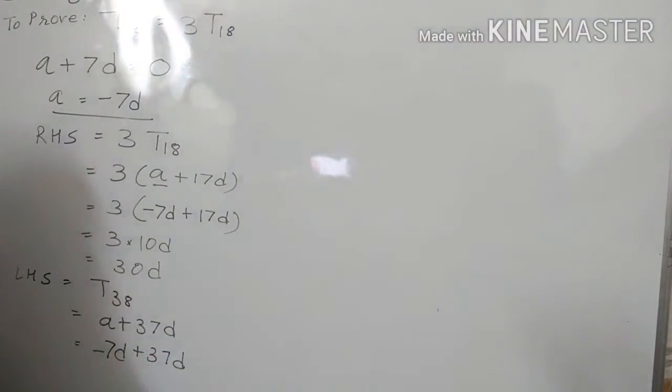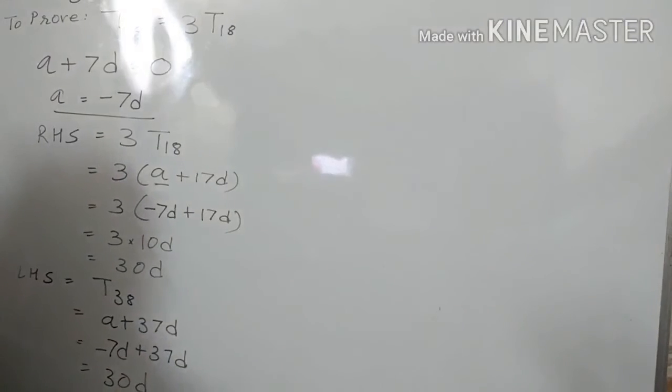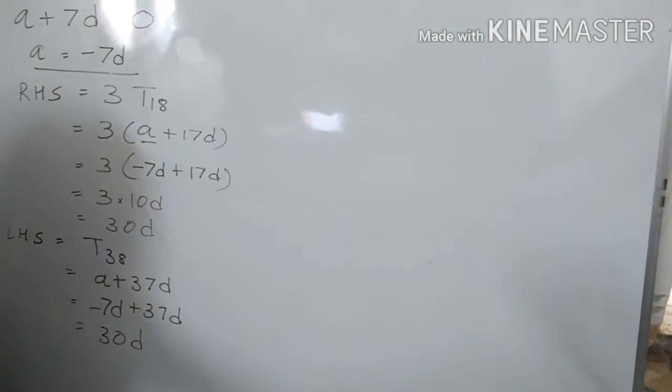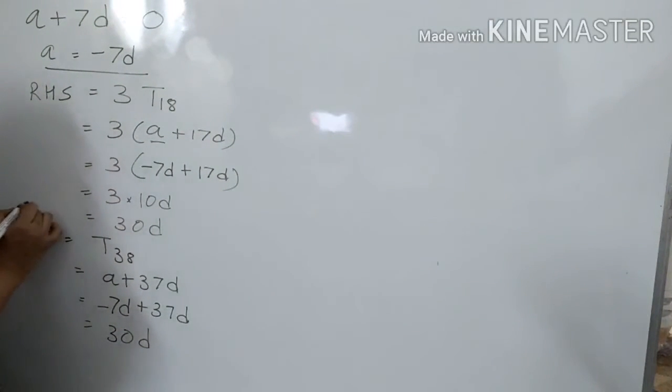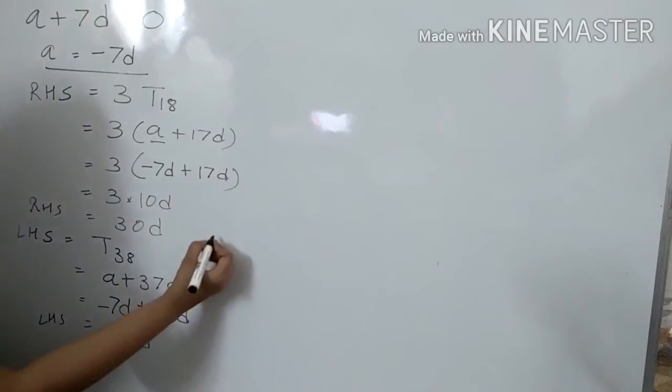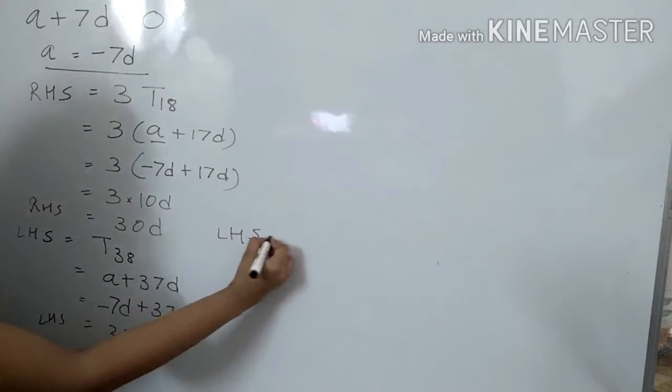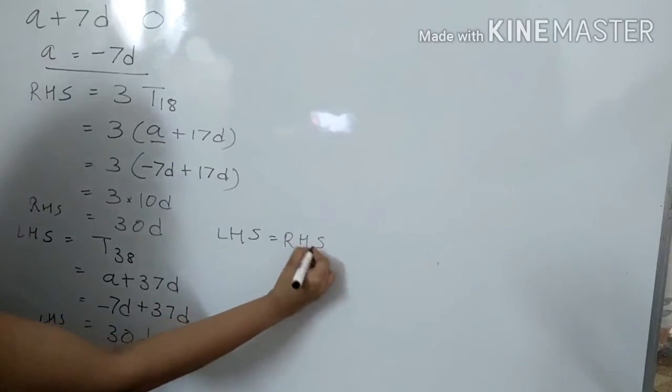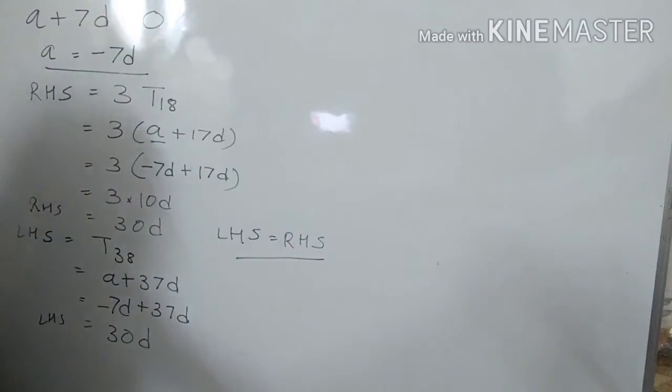So 37 minus 7 is 30d. So here on the left hand side also I get 30d and the right hand side also 30d. So we can say that LHS is equal to RHS. Whatever we wanted to prove is already proved. So here we have completed.